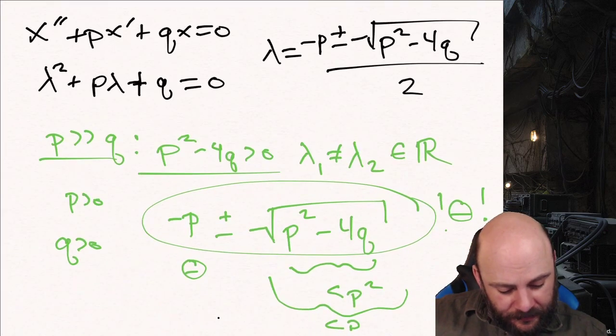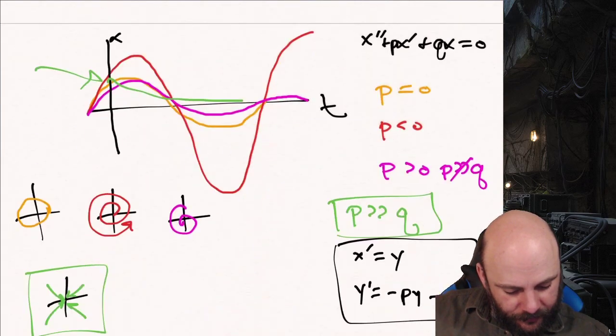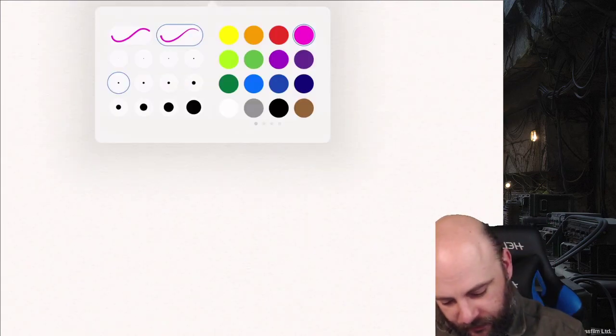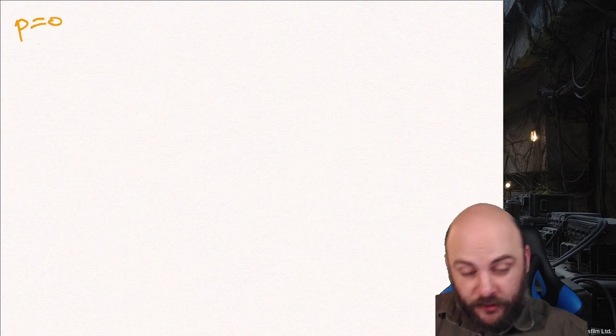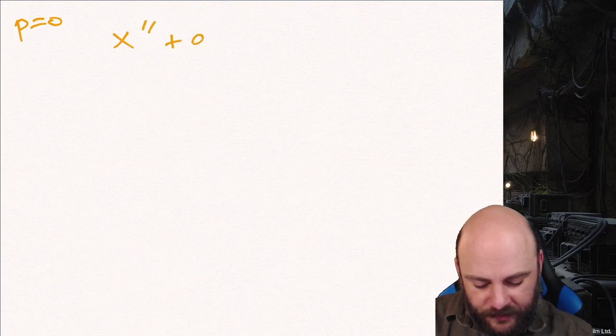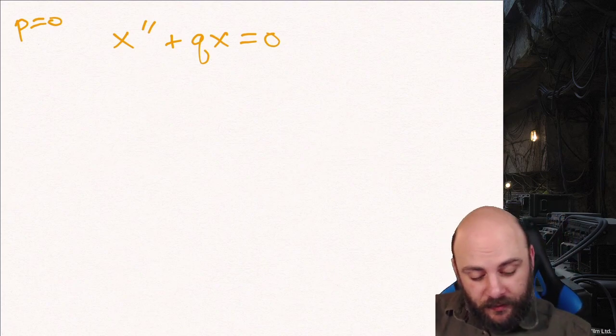So let's handle this first here. Let's do p equals 0 first, which is in orange. And don't worry, we'll get to the punchline. So this means that x double prime plus qx equals 0. We know how to solve this.